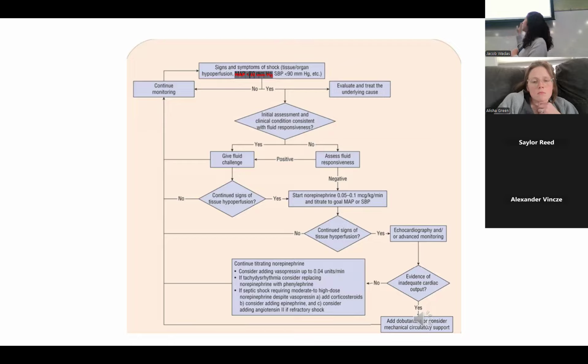I know this is up on the slide, but what is our preferred vasopressor for our patients? Norepinephrine, yeah. An important point to make with norepinephrine: what's something that we want to monitor? Why aren't we just starting off with norepinephrine?